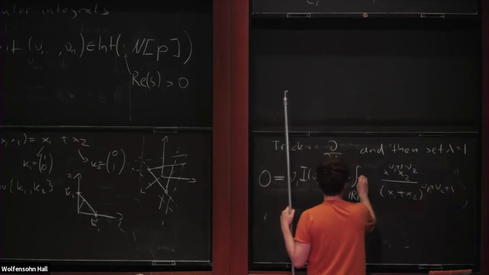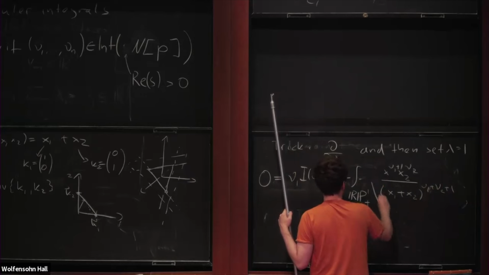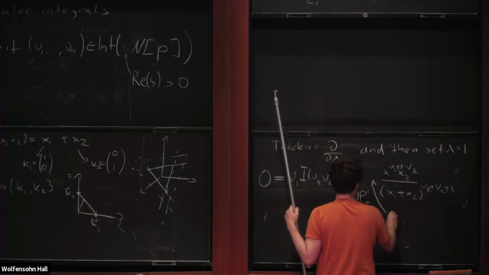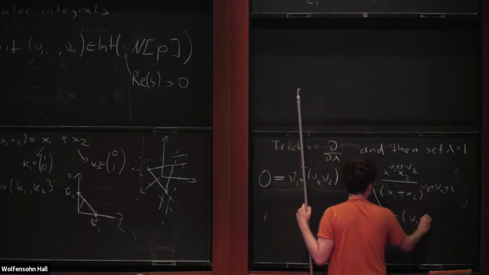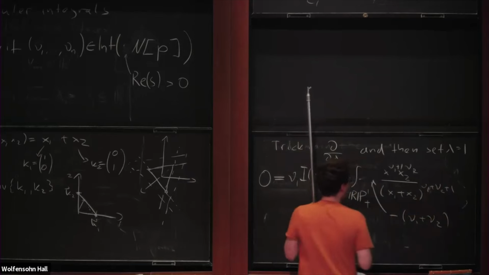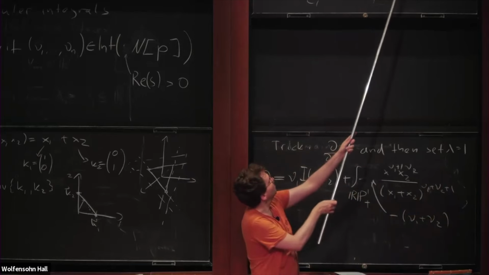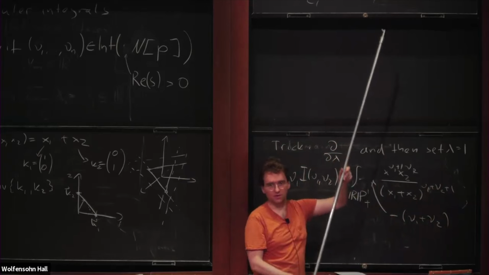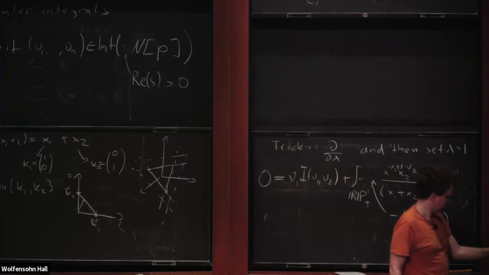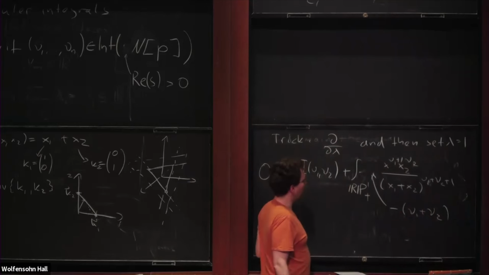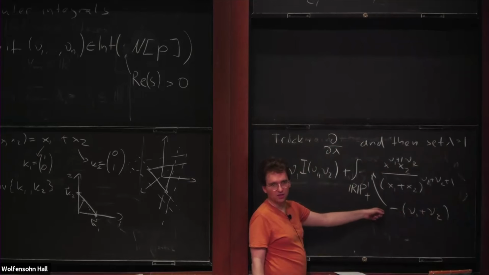And then we pick up a minus, so a minus nu1 plus nu2 as the power that comes from taking the derivative of this denominator.